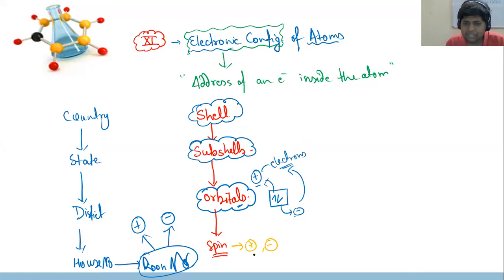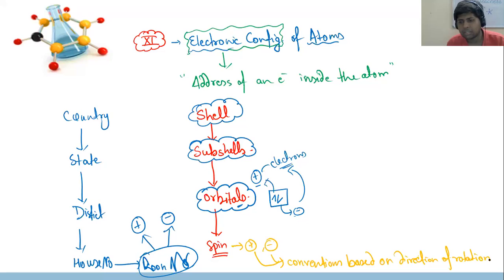Positive and negative, these are something called conventions, based on the direction of rotation of the electron. Spin means basically they are rotating.